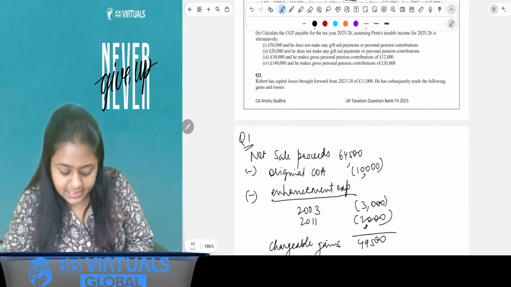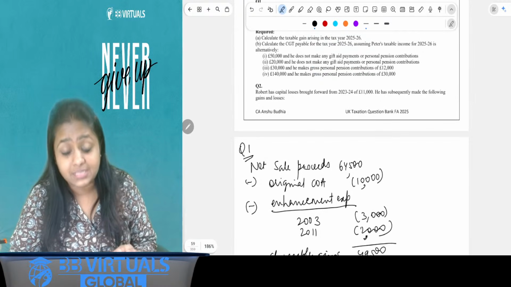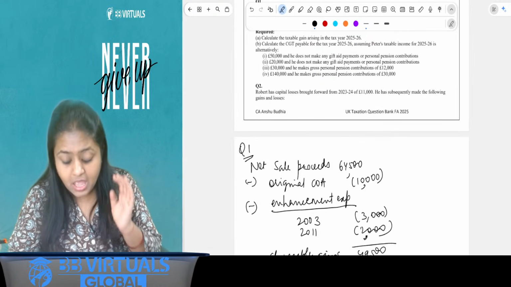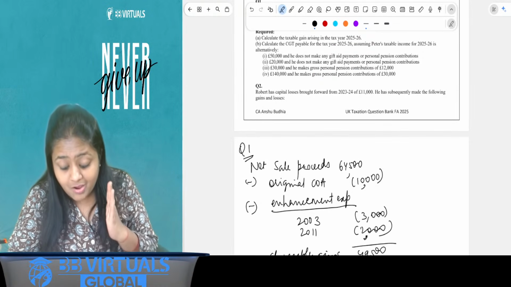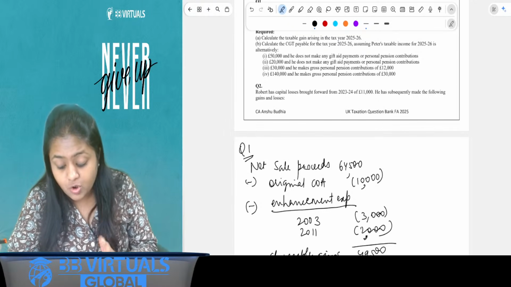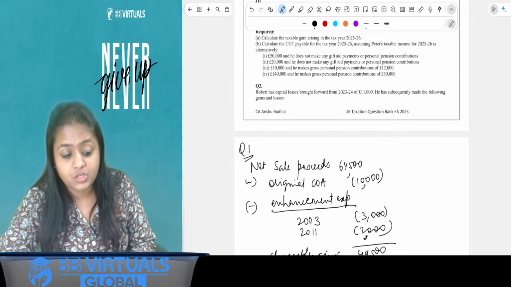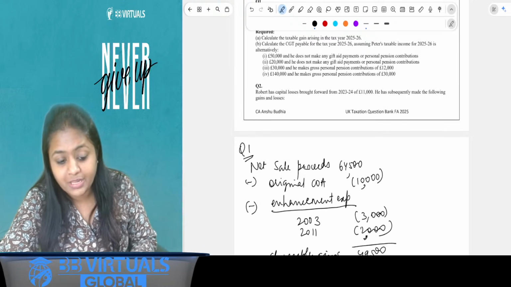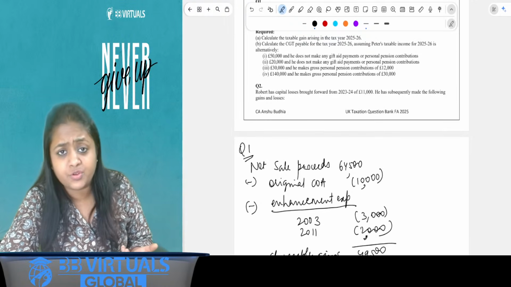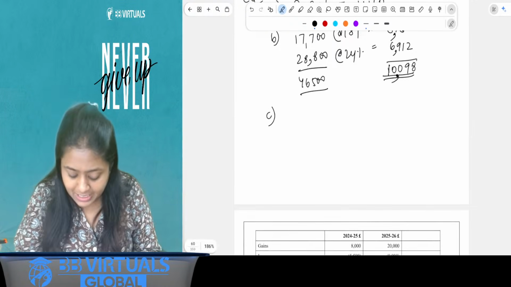The C part says that yes, the taxable income is 30K, but he is making a gross personal pension contribution of 12,000. When he is making a gross personal pension contribution of 12,000, the word gross is given to you. So we know that there will be an extended rate band.